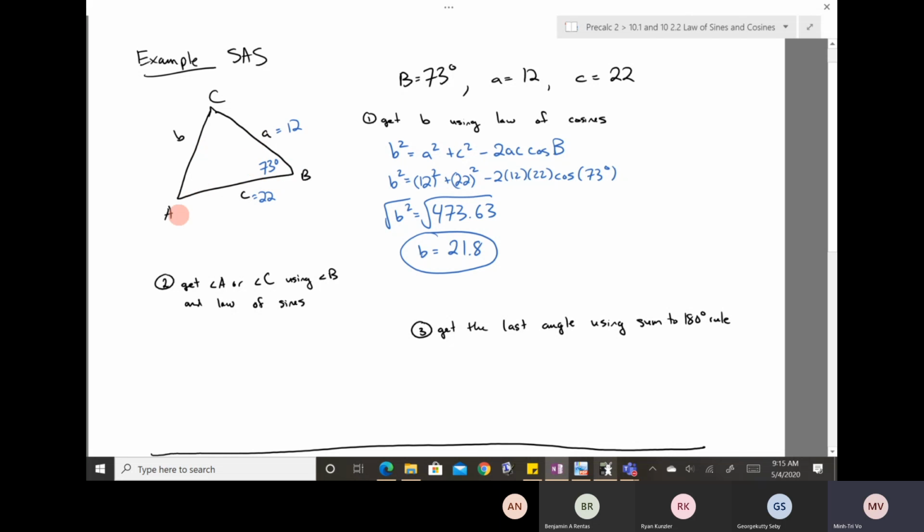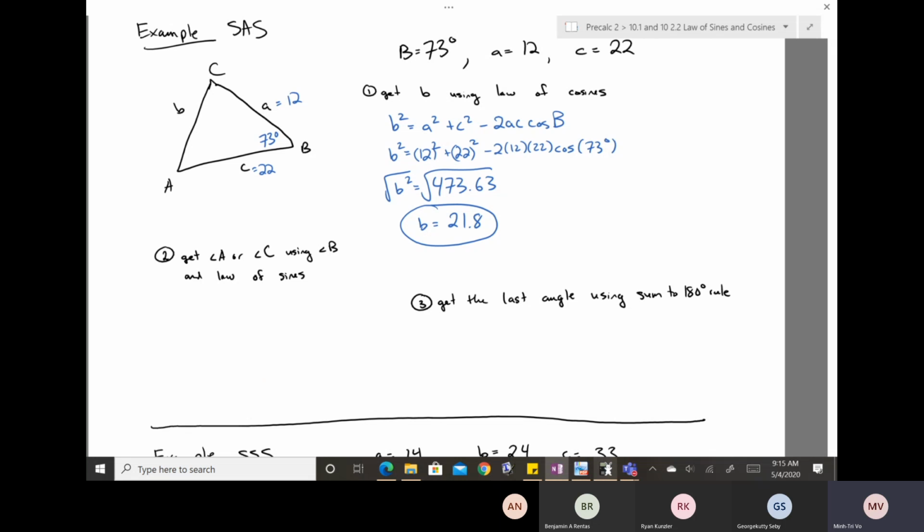So now if I want to get angle A, I can switch to the law of sines. Sine A over A is equal to sine B over B. So what do I get? Sine A over 12 is equal to sine 73 over side B, which is 21.8.